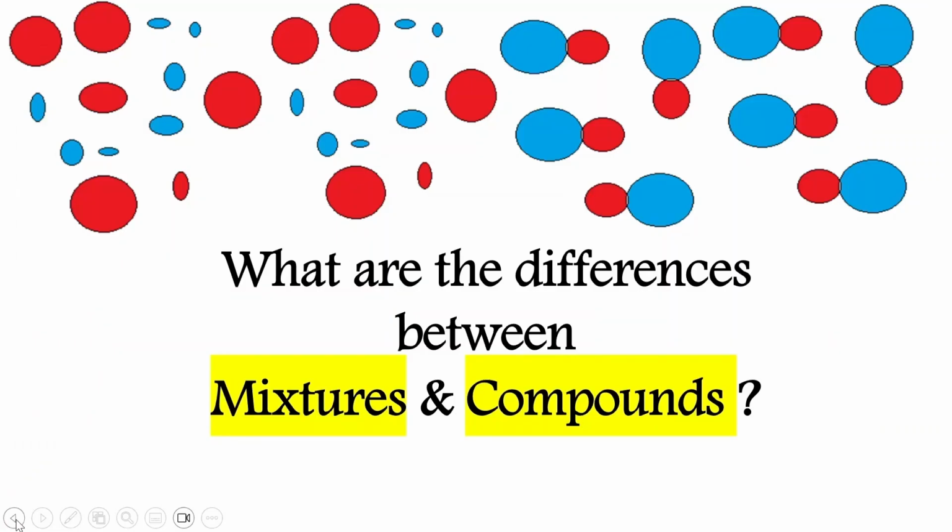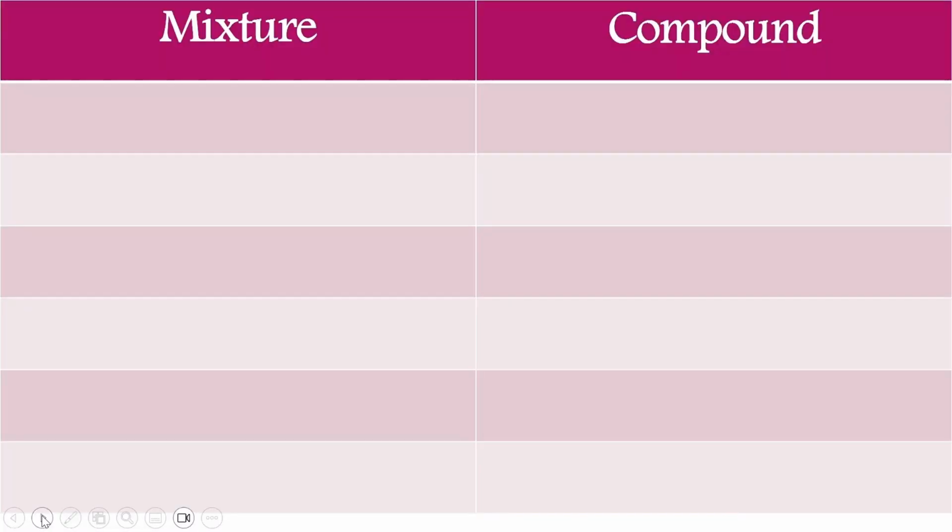So now let's summarize the differences between mixtures and compounds after studying this example of iron and sulfur. For the mixture, we had iron and sulfur together. For the compound, we had iron sulfide. The first point here regarding if the substance is pure or not. Is it a pure substance or not?